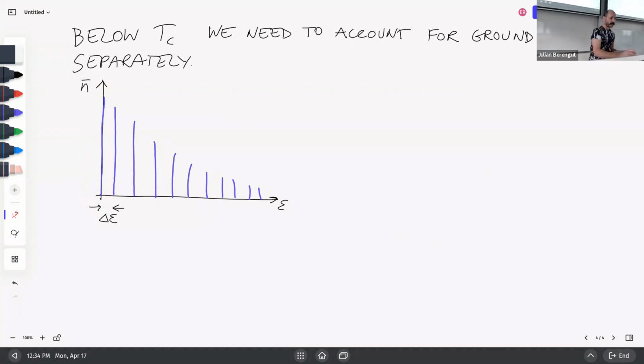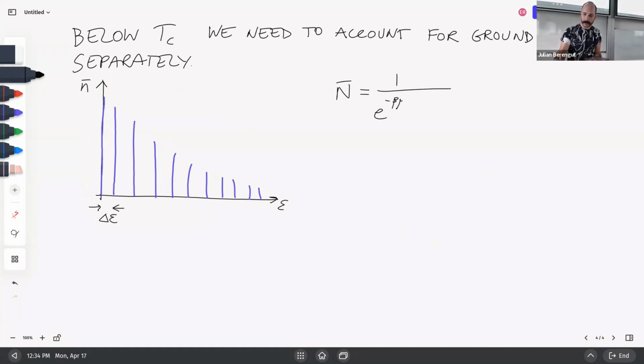So remove it from the sum and we put it back in separately, and we can write something like this. N bar is equal to the first state, the ground state, epsilon equals 0, plus all the other states. So taking out the first state separately.